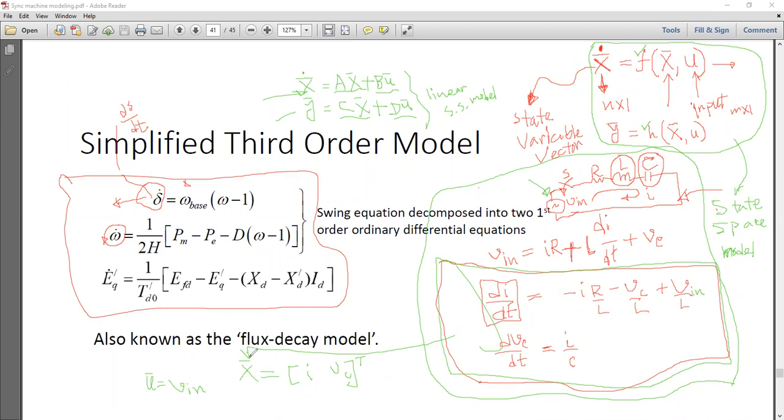What about Y? Remember, we have to also fix a Y. Actually, Y depends on the designer's choice. Y depends on the designer's choice. By design, I mean, let's say you are trying to control some of the variables or some of the quantities inside this network.